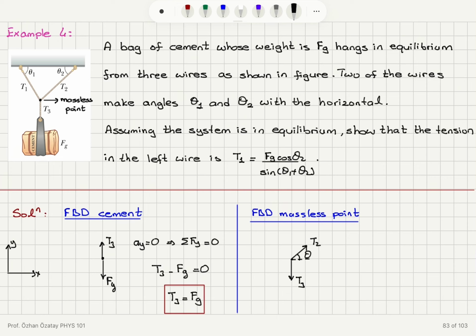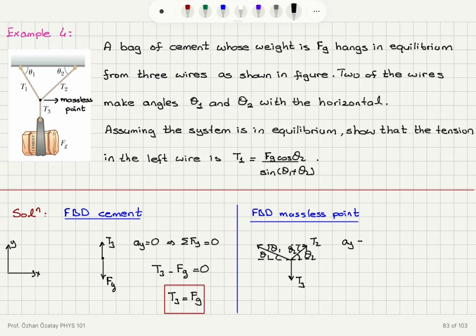So this is the angle theta 2 it makes. The same angle appears here, theta 2. And there is T1, which is making an angle theta 1 with the horizontal, theta 1 here. So these are the three forces acting on this massless point.